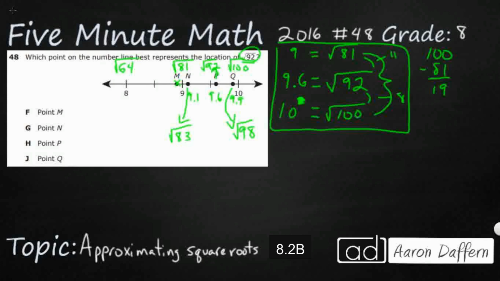And I would put this M maybe at the square root of 79. We're just kind of guesstimating that, eyeballing it. But as you can see, they spread them out, so it's not like there's going to be two. Like if there was one right here, that'd be kind of confusing on the other side of that 9.5, but there's not. So they spread them out a little bit, so we can just use a little bit of spatial sense to figure out that our answer here is point P.